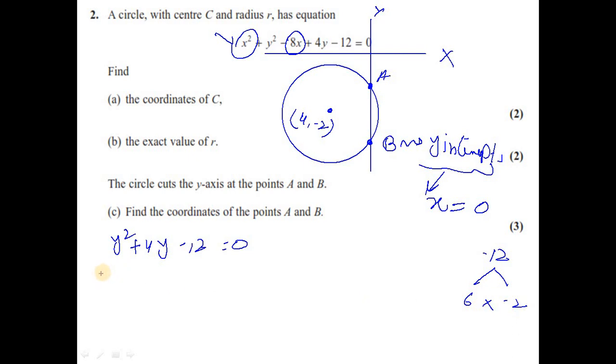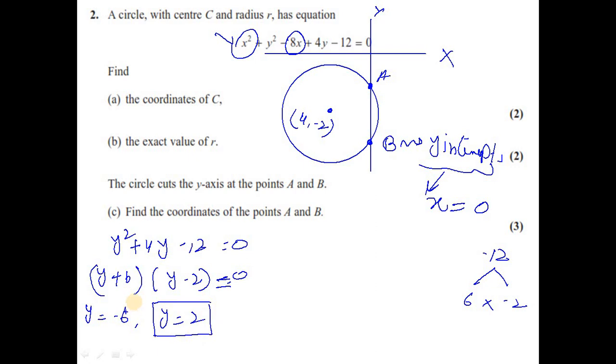That means you can write y plus 6 and then y minus 2 equal to 0. From this, because you have two factors and you are equating it with 0, you can equate them separately. You can say that y is equal to minus 6 and then y is equal to 2. So these are the y coordinates of the points A and B.